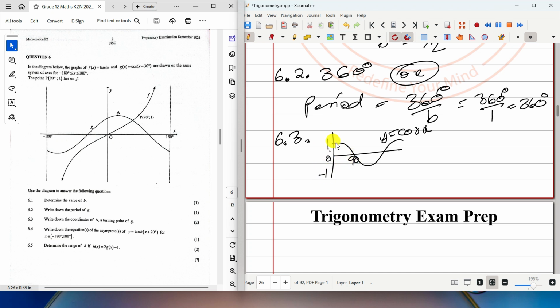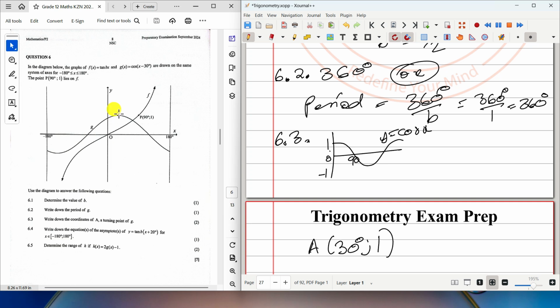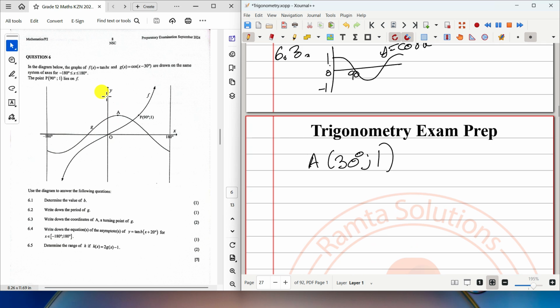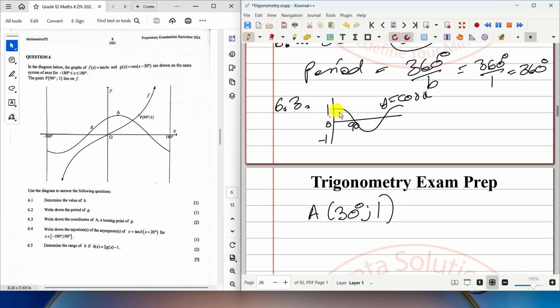As you can see, the first maximum is at 0 degrees, but now your first maximum has shifted. What did we say our graph has shifted by? 30 degrees to the right. So therefore A is (30 degrees, 1), because this is the first maximum. Can you see that? So it is (30 degrees, 1). Okay, it is this graph, but it has shifted slightly to the right.